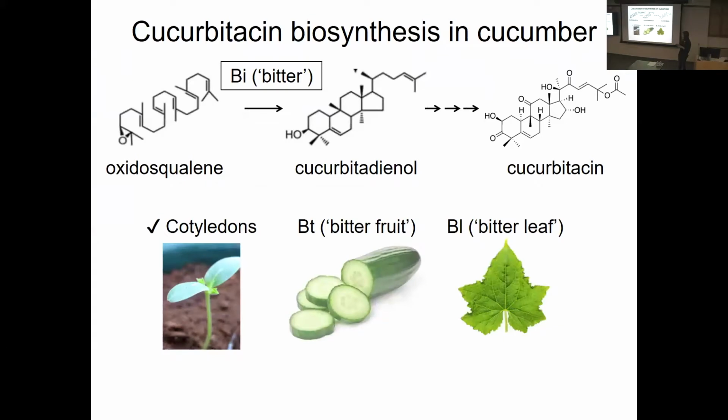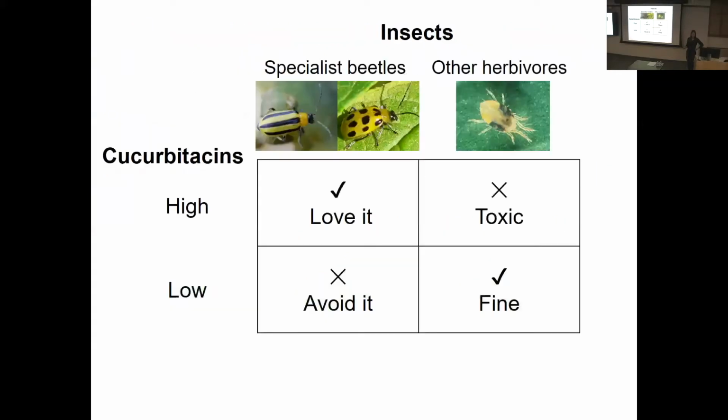In cucumber, if plants have the functional Bitter allele, there will be cucurbitacins in the cotyledons. And only if the plants have the Bitter fruit or Bitter leaf transcription factors is the Bitter gene expressed in those tissues, and cucurbitacins are found in those tissues. Then for how cucurbitacins relate to insects, there are two main classifications of how organisms deal with cucurbitacins.